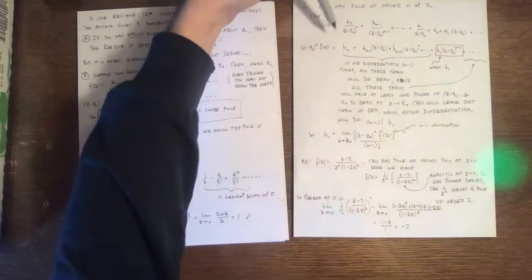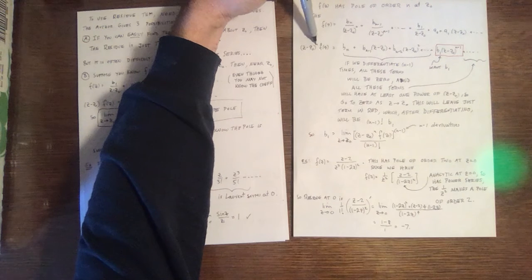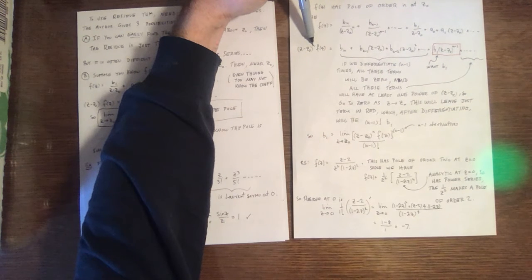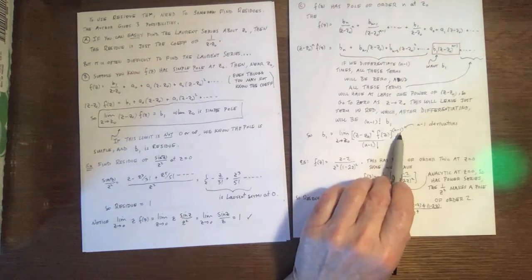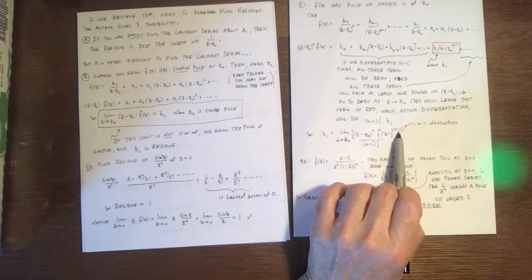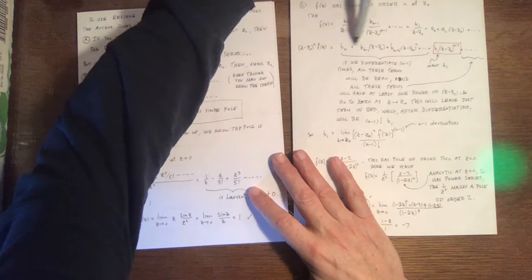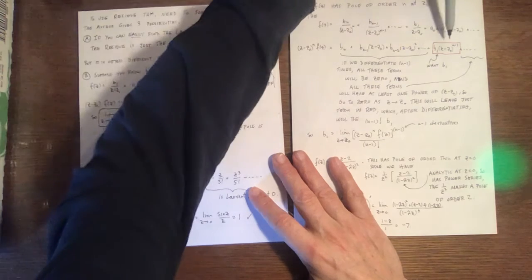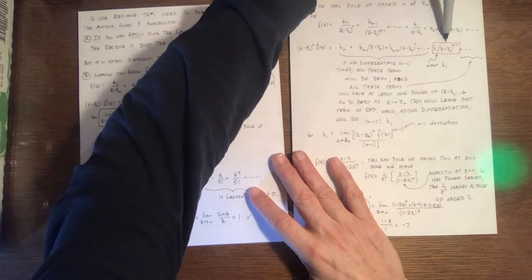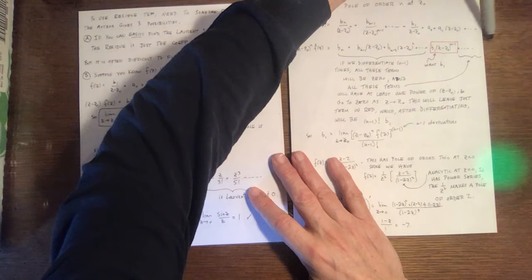So again, what that means is I take the function, multiply by z minus z naught to the n, and then I differentiate it n minus 1 times. Again, that will make all of these terms be 0. This term will be n minus 1 factorial times b1, and all these terms will have at least 1 power of z minus z naught in them.